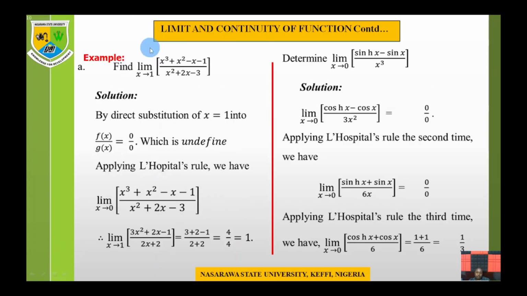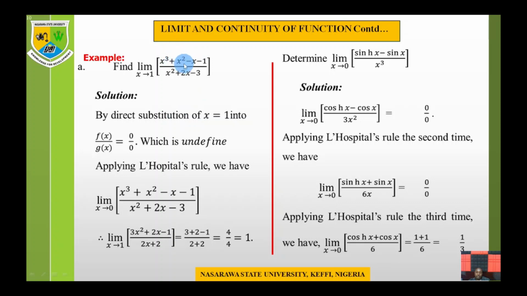Example: find the limit as x approaches 1 of x raised to power 3 plus x raised to power 2 minus x minus 1, all divided by x raised to power 2 plus 2x minus 3. Solution: by direct substitution of x equals 1 into f of x all over g of x.